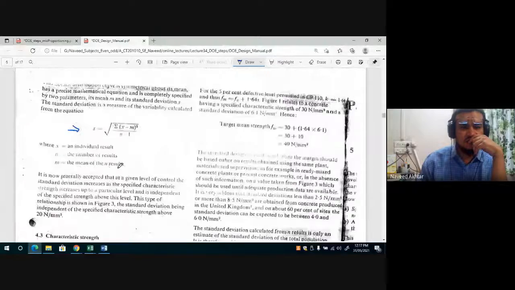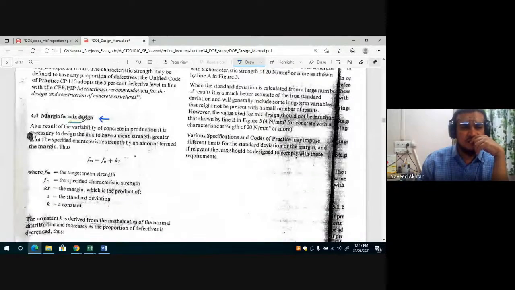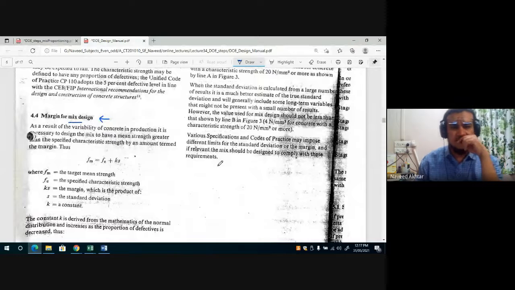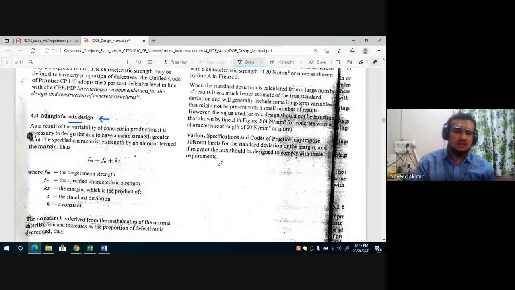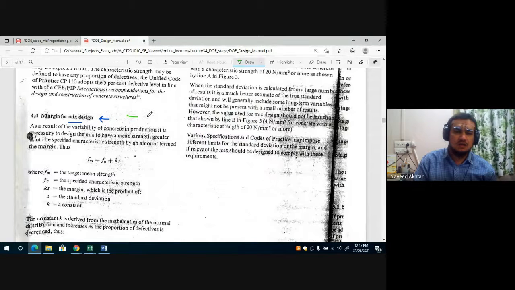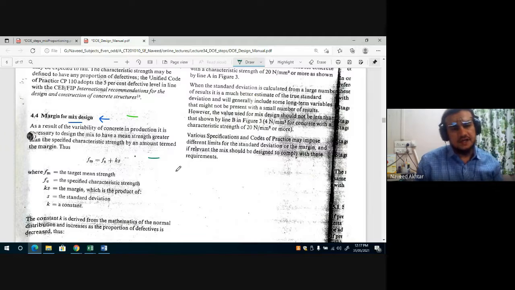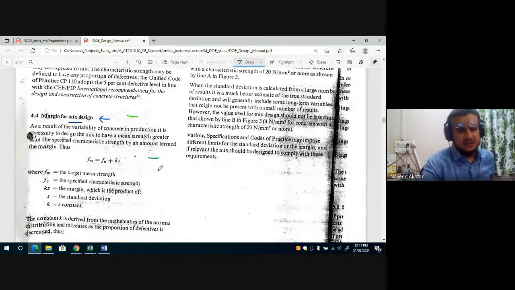The margin for mix design is called the target mean strength. That is the margin between the characteristic strength and the target mean strength.